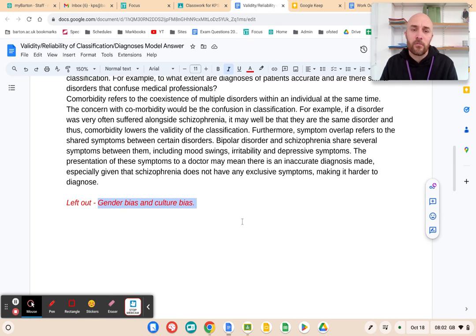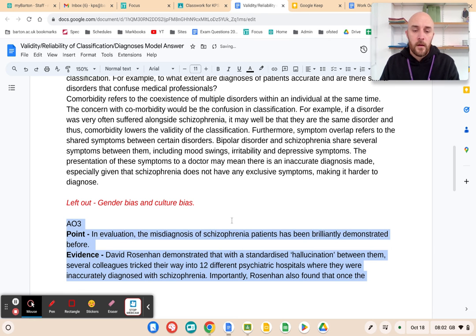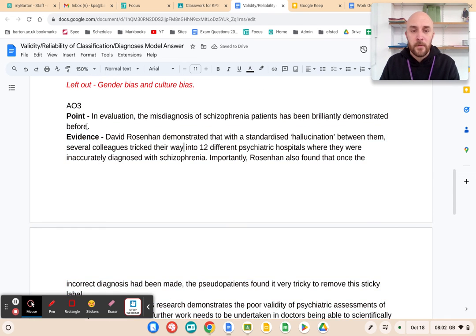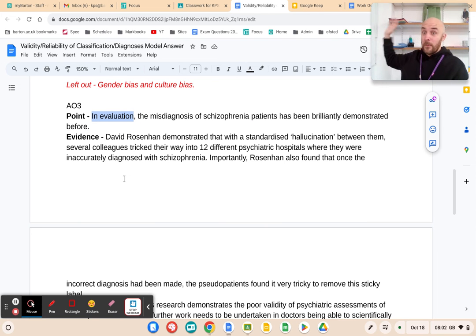Let's have a look at the A03. So here's the first A03. My point, remember, now I'm starting with "in evaluation," signpost to your examiner, right? I'm evaluating, make it obvious to the examiner because some examiners need the signposting. In evaluation, the misdiagnoses of schizophrenia patients has been brilliantly demonstrated before.